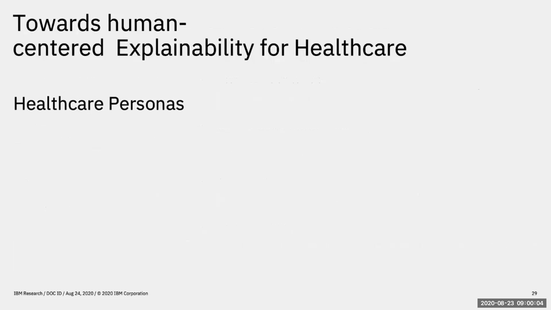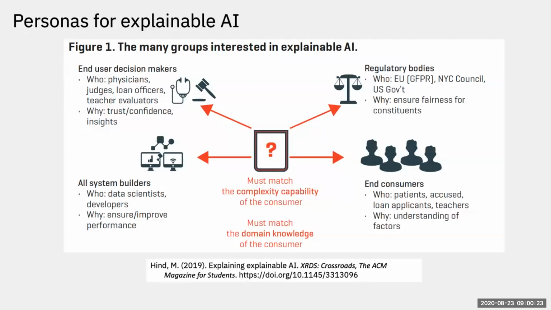With this background and landscape, we can thus focus on the main tenet of this tutorial, that is human-centered explainability. Following Michael Hind's guideline, we then need to identify the healthcare personas and their requirements in order to build such explanatory models.